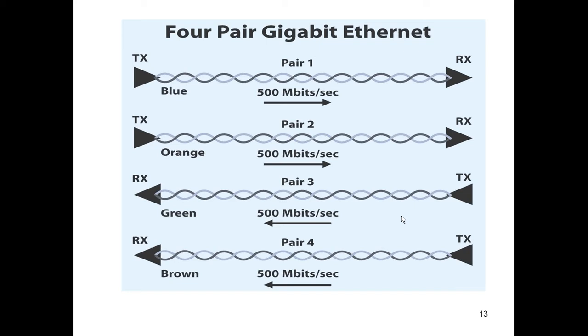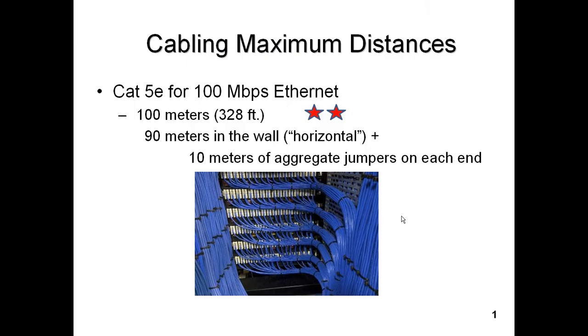When you're doing your jacks, when you're doing your cabling connections, make sure you terminate all 4 pairs and do it the right way. Because that cable you put in today that you're going to run 10-100 Ethernet on, someday you might want to run gigabit Ethernet over that cable. If you do, the cable's going to have to be right. So we have to make sure all 4 pairs are terminated properly.